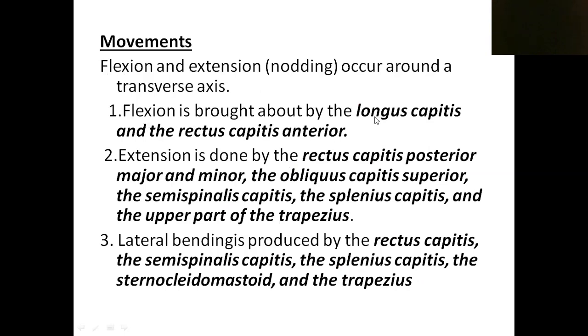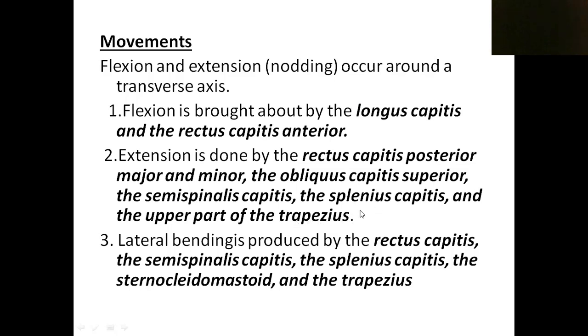Flexion is by these muscles, longus capitis and rectus capitis anterior. Then extension: rectus capitis posterior major and rectus capitis posterior minor, then obliquus capitis superior, semispinalis capitis, splenius capitis, and the upper part of the trapezius muscle.